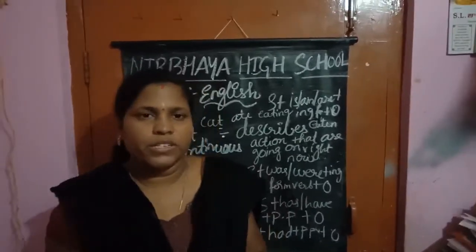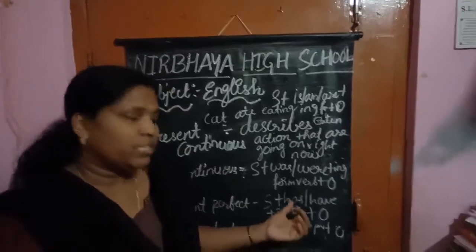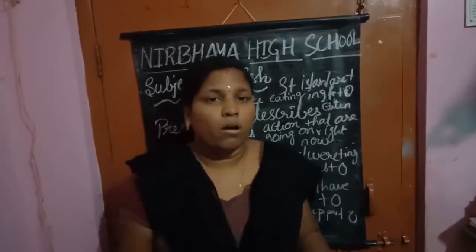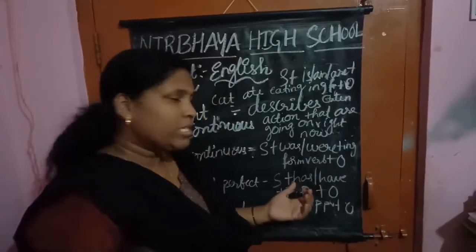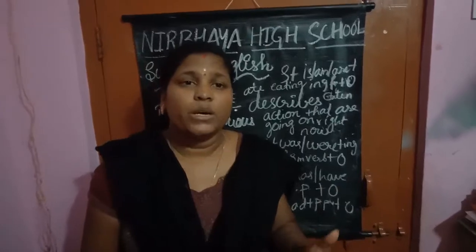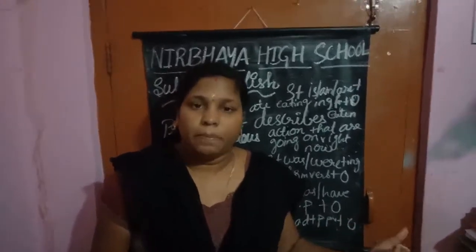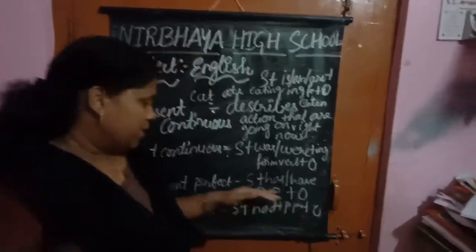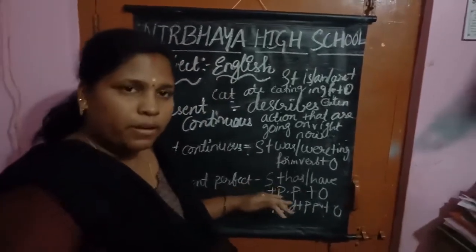Examples: she has just eaten her last omelette. Okay, children, what is the present perfect tense? It describes an action which started in the past and continued till the present. Understood, children? This is about the present perfect tense.